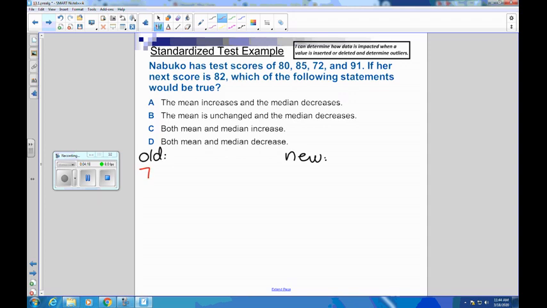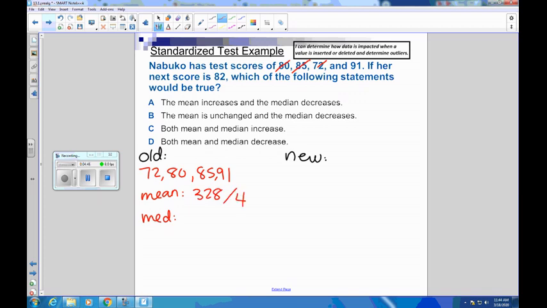So our smallest is 72. Then we have 80, 85, and 91. We need to find the mean and the median. The mean is all of them added up, so 72 plus 80 plus 85 plus 91. And I get 328, and then I divide that by how many numbers there are.